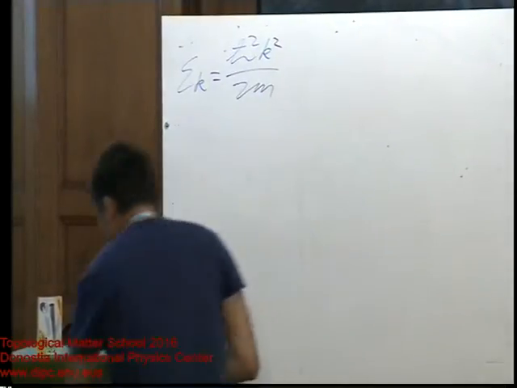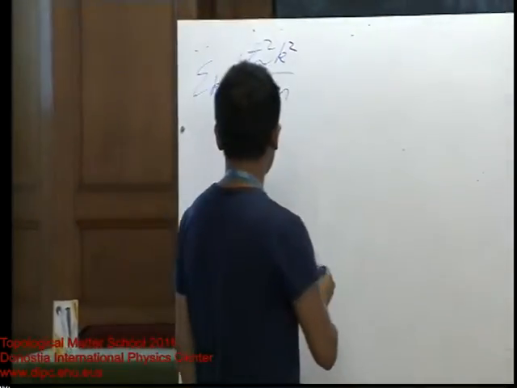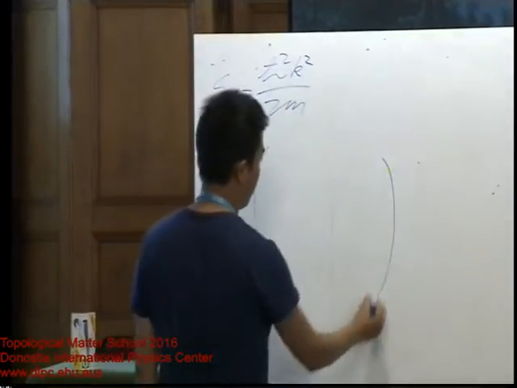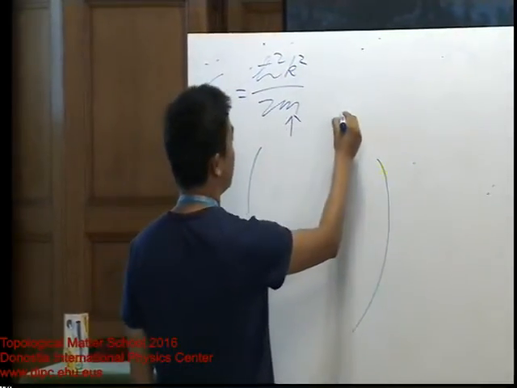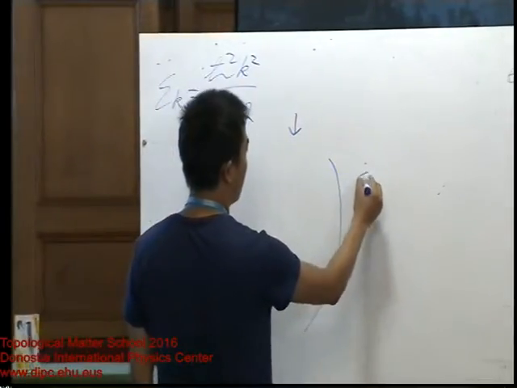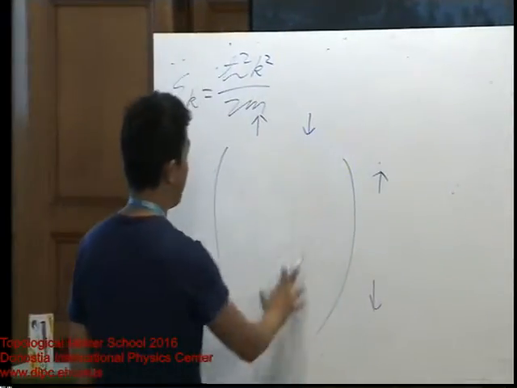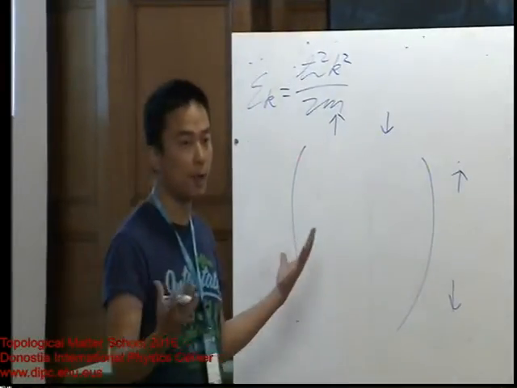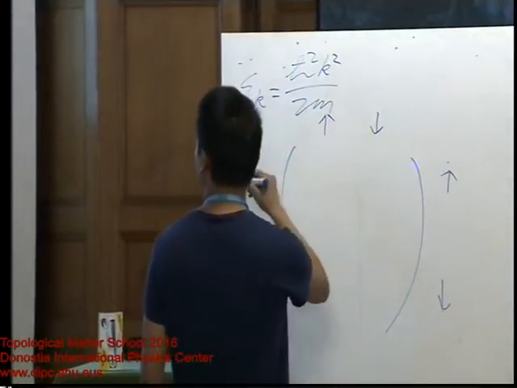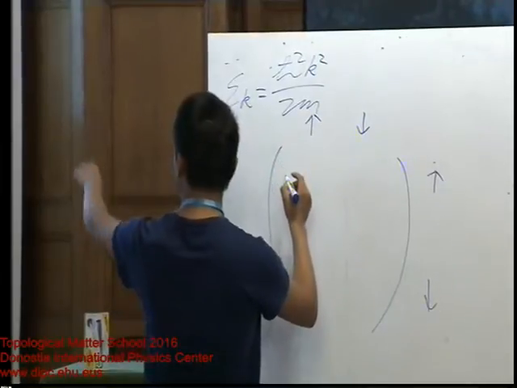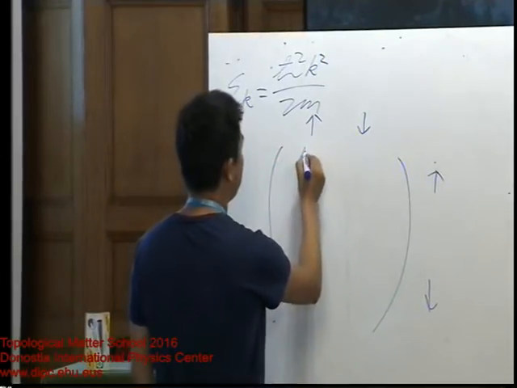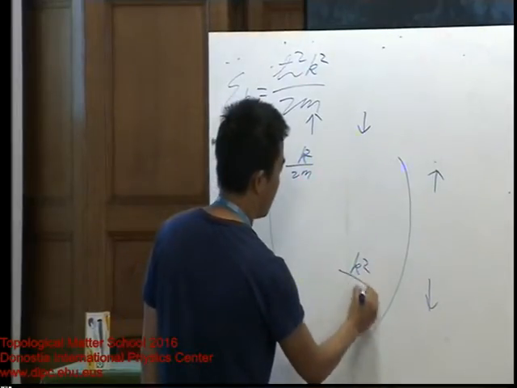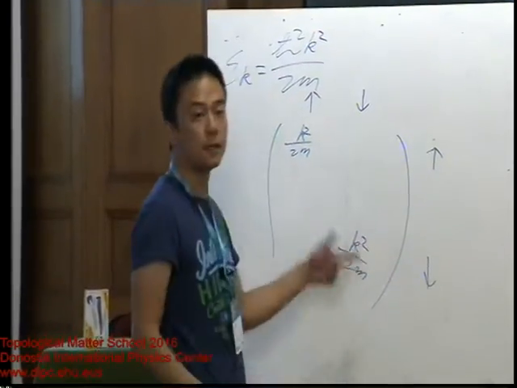And if we consider the spin, how do we write its Hamiltonian? Suppose this is spin up and spin down. First, without considering any spin-orbit coupling, they are just parabolic bands. In this sense, they're degenerate.